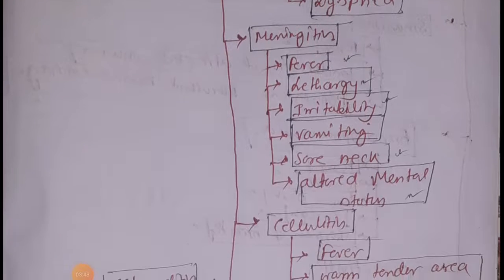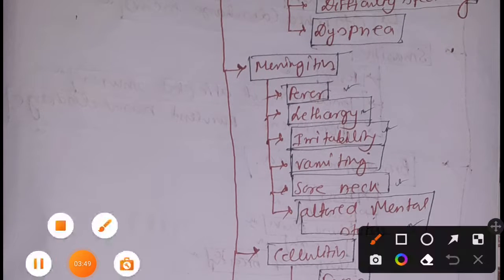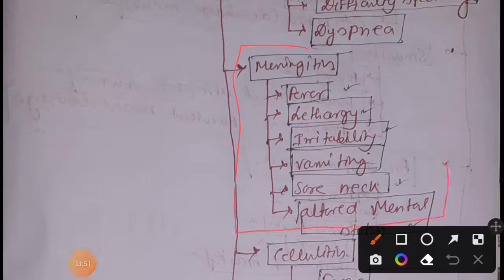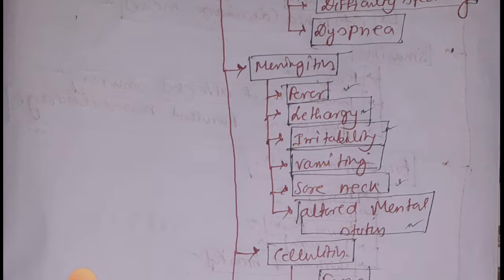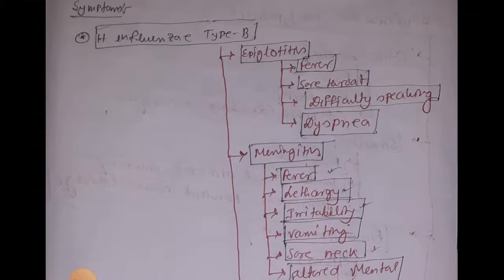Okay, now similarly, meningitis. Meningitis is a condition associated with the brain. Remember it very clearly. Fever as usual, along with irritability and altered mental conditions, also called altered mental status, along with sore neck, lethargy and vomiting. So these two conditions we have discussed.